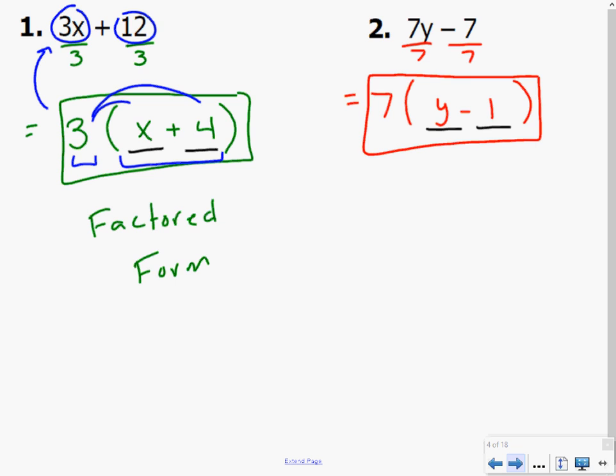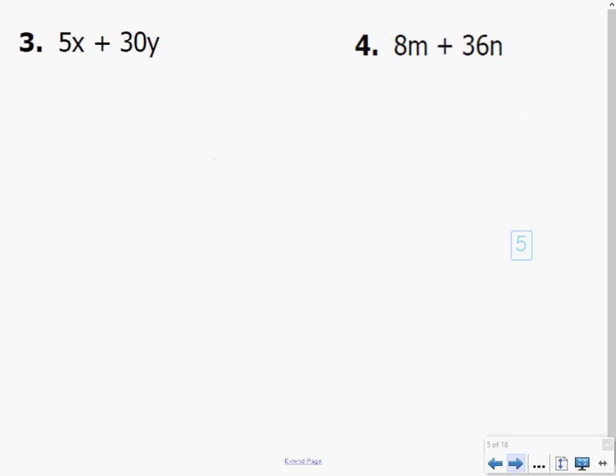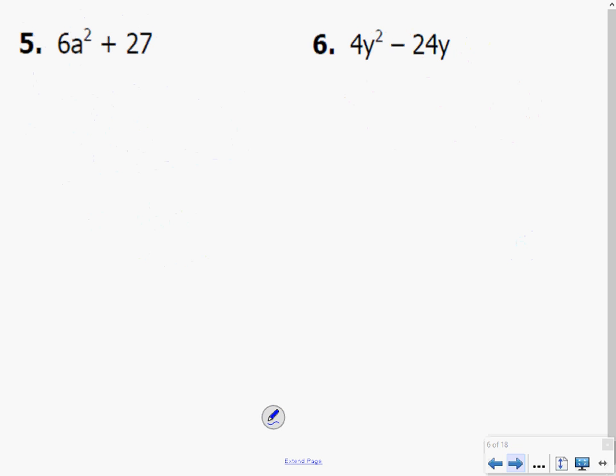Okay, let's look at an example where we have some variables in common. Let's skip to number 6 here. When I look at number 6, I notice that both of my terms have a y. So we still need to factor out a GCF between the numbers. We can divide 4 and 24 by 4. But now that each of our terms has a y in common, we can also factor out a power of y.